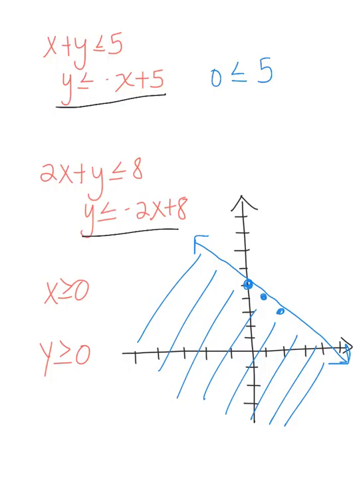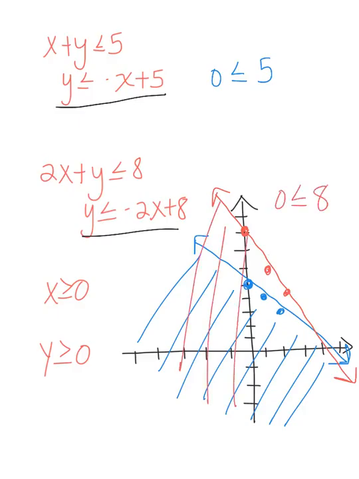Then we've got y is less than or equal to negative 2x plus 8. So 8 is the intercept. And then we're going to count down 2 and to the right 1. And we're going to go ahead and put our line through. And we'll check the point 0, 0 again, and 0 is less than or equal to 8.